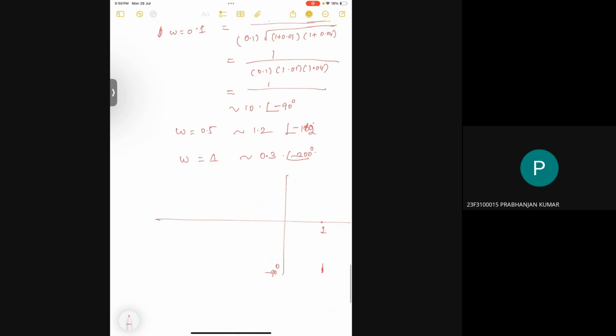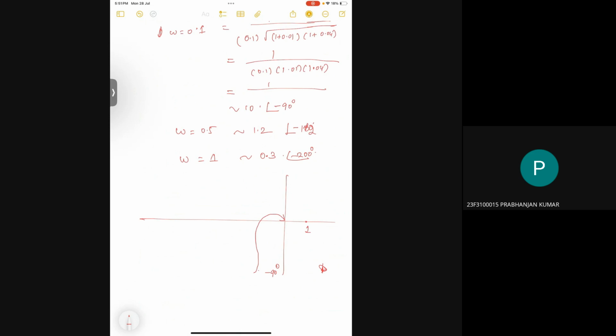Am I doing any mistake here? We'll start from here and then go towards here.